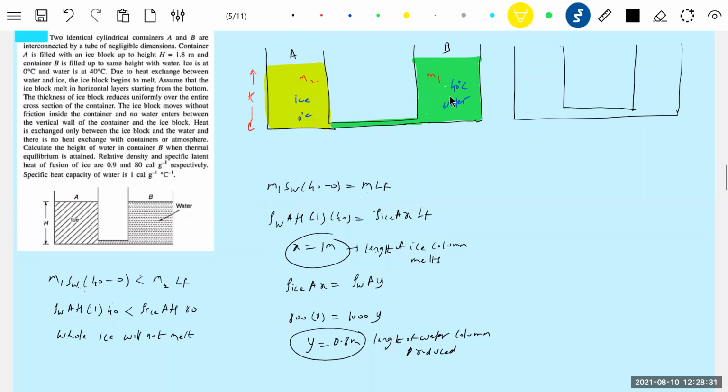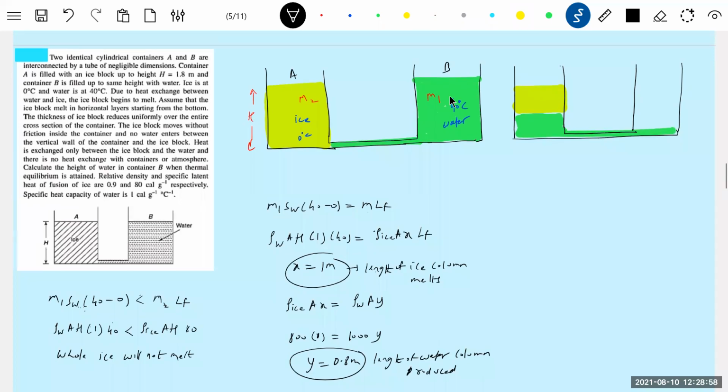So some ice got melted. Some water will be present here. And what is the temperature of water now? 0 degrees Celsius. The level of water will rise. Already it was having height h, so some level of water will rise here.